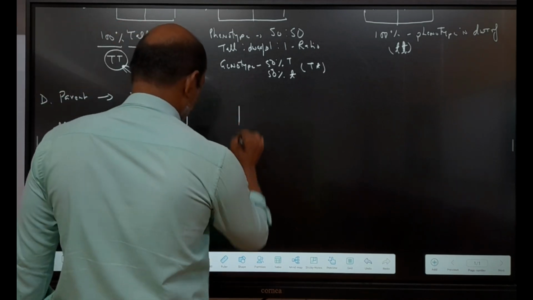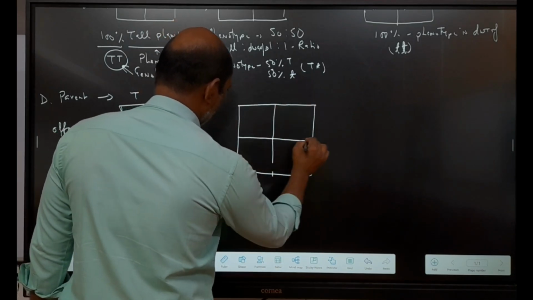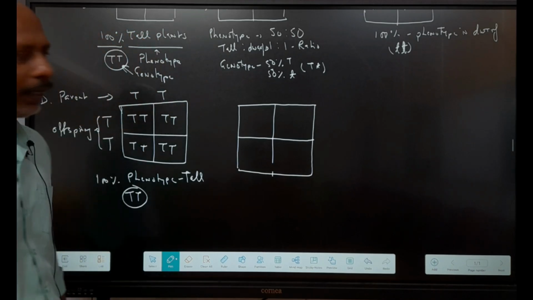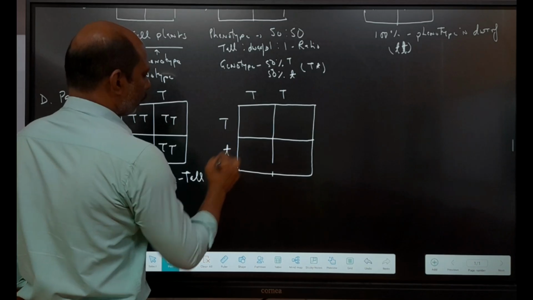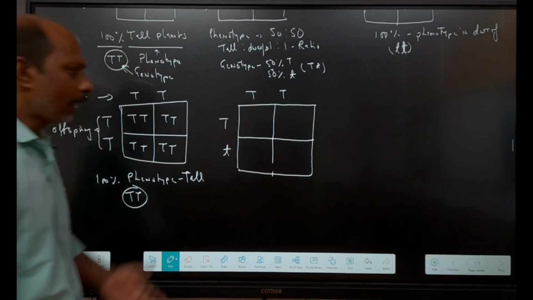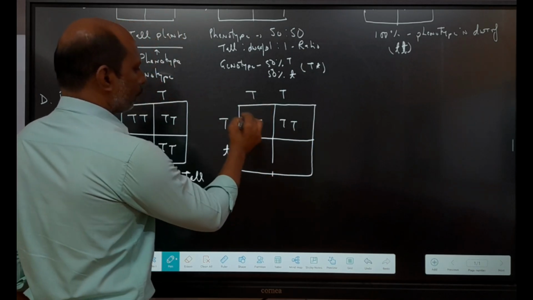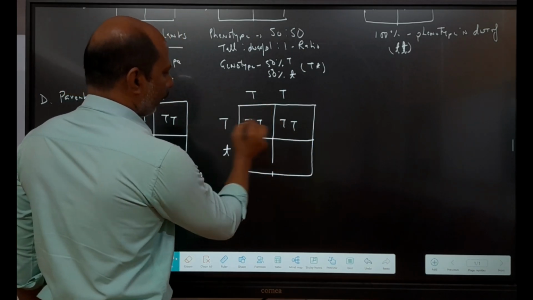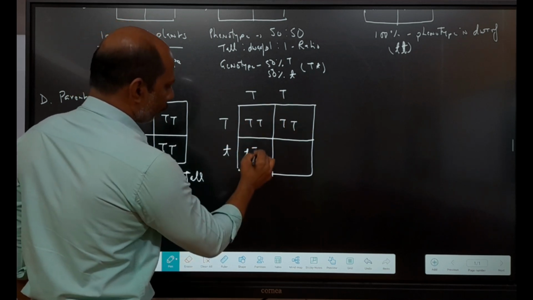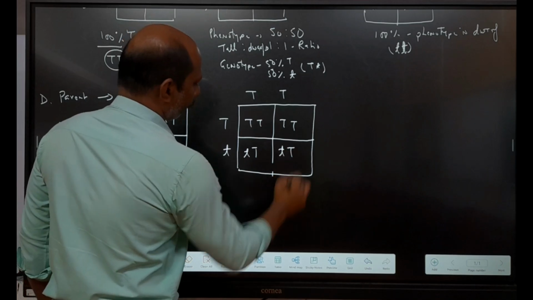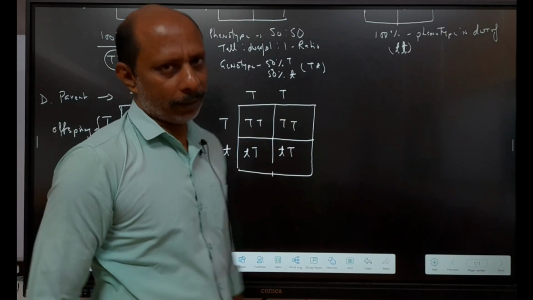And second case, if we use dominant parent, then we get here dominant parent is there, and this side capital T, small t, this is the offspring, hybrid offspring. What we get phenotype? It is capital T, because we have to match this T, right? This side T is there, this side small t is there, this side capital T, small t and capital T. Here also we get capital T present in all these squares.